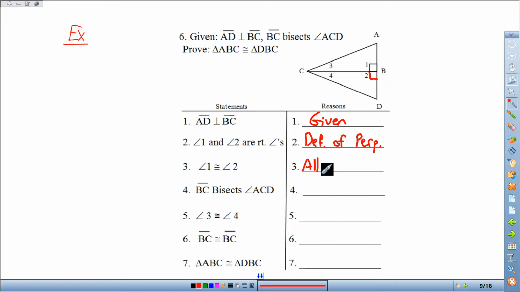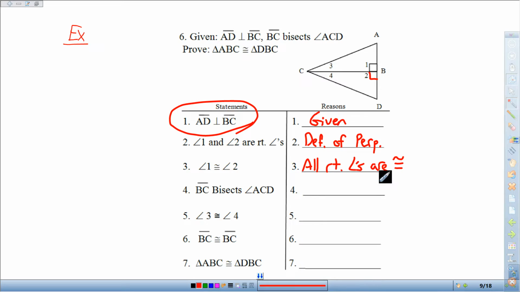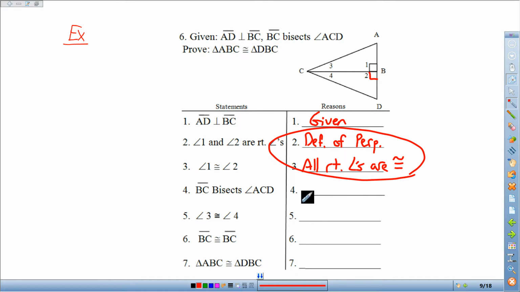We'll shorten this to right angles, we'll say arc and then use the symbol for congruent. All right, that's a little strange. That took some effort out of us. But just know anytime you get perpendicular lines, you're going to be followed by these 2 reasons. Just get used to thinking that way.